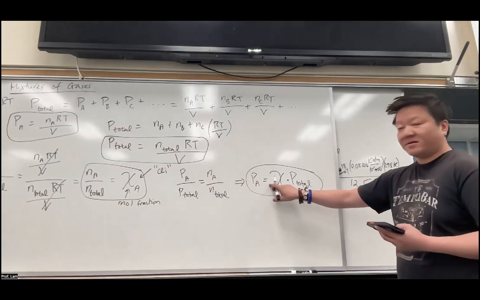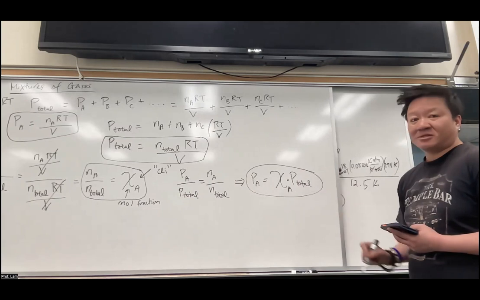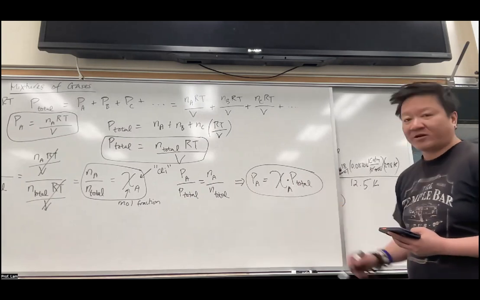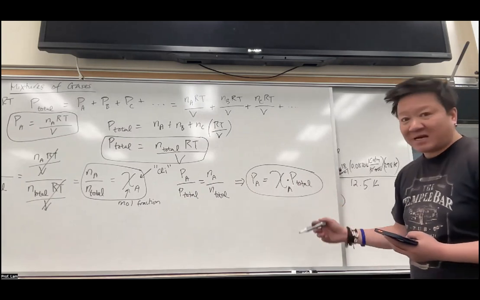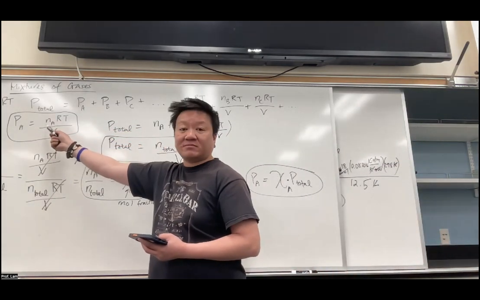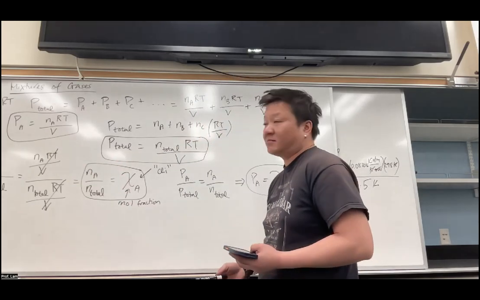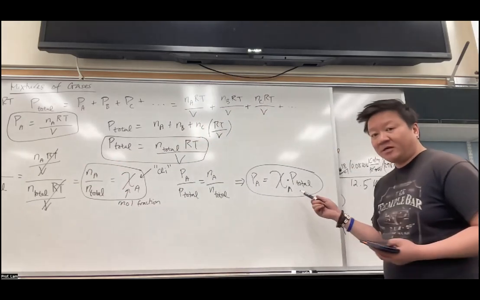Partial pressure of A, right, is chi of A times P total. I already solved for chi A. But at this point, you realize you could also use this equation because you already have moles of A. Right? So which one do you want to use? Just which one's easier? I think this one's shorter. So let me use this one.